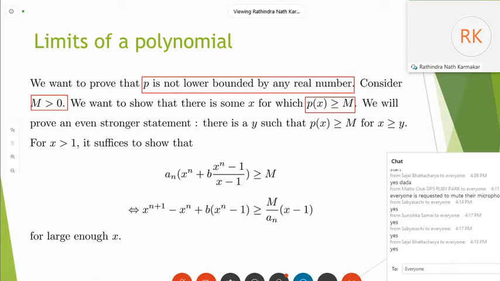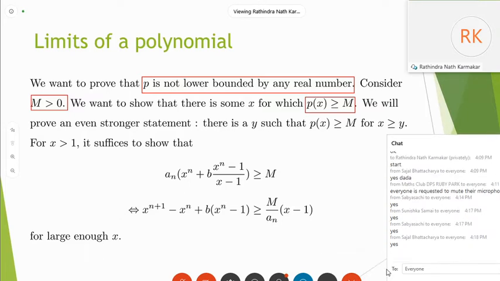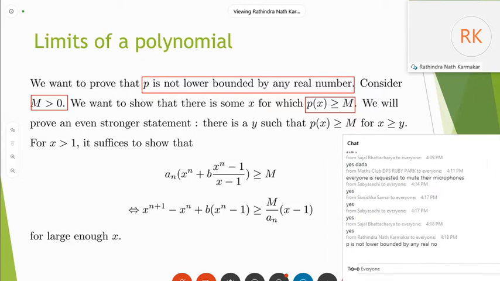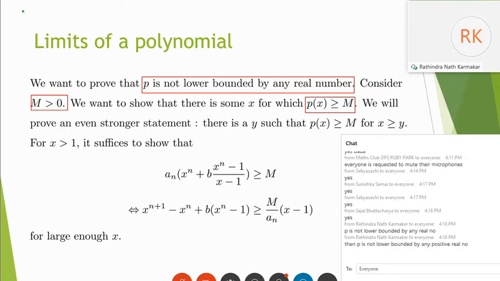See, if p is not lower bounded by any real number, then p is not lower bounded by any positive real number. So one statement implies the other.